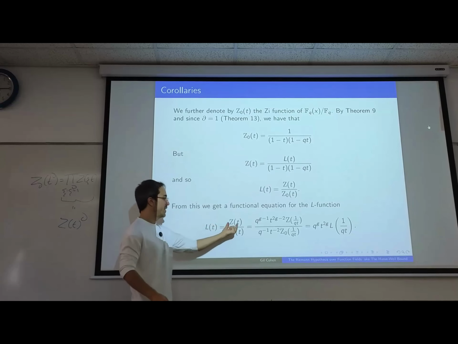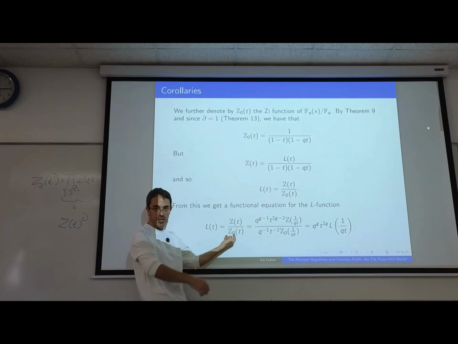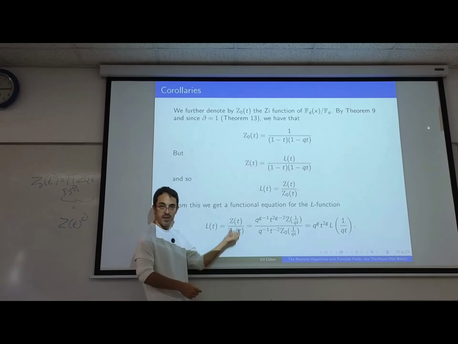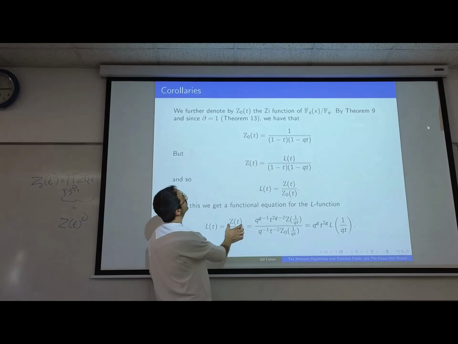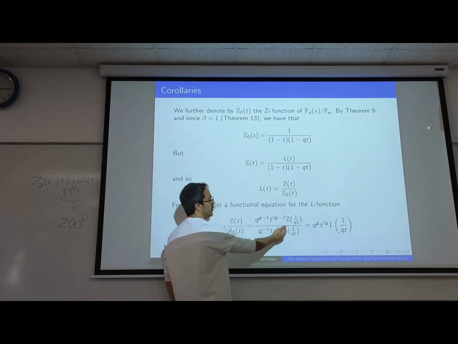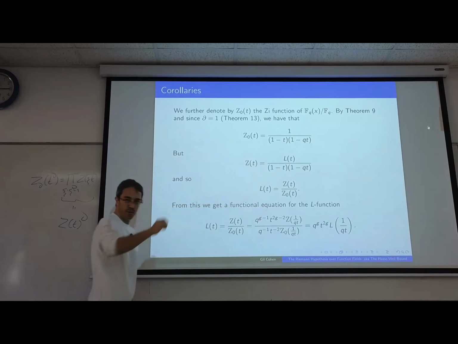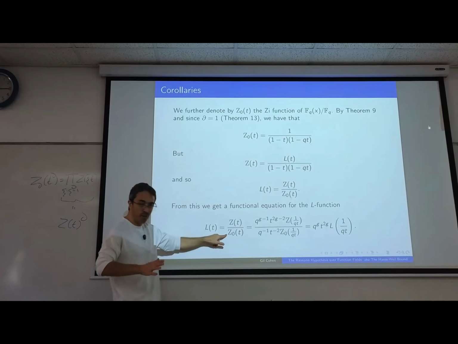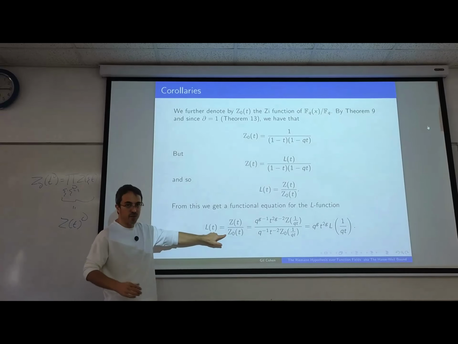So the L function is just this ratio, that's your Z and that's the Z0 of the rational function field. And now I'm using the functional equation for each of them. The functional equation told you to take q to the g minus 1, t to the 2g minus 2, and Z of the reciprocal 1 over qt. So I'm doing it here, and I'm doing it here as well, but g is 0 here. It's the rational function field.